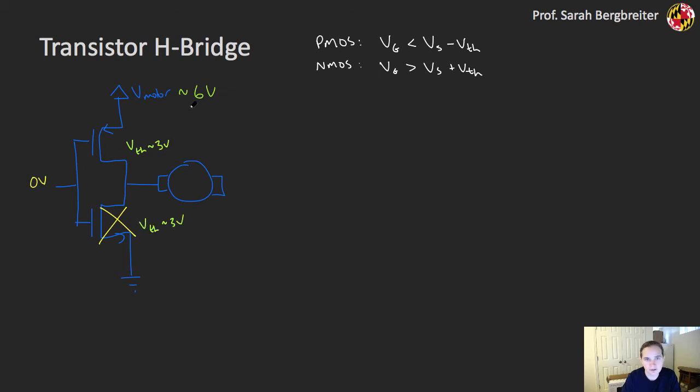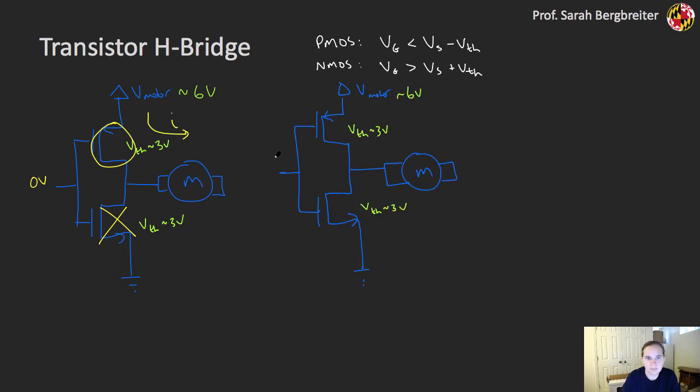For the PMOS transistor, I need my gate voltage to be less than my source, in this case my motor voltage, so 6 volts, minus my threshold voltage, which in this case is 3 volts. So if I'm at 0 volts here, this one is on, and so I can get current at least flowing in this direction through here. Now let's apply a 5 volt signal that you could get out of your Arduino. In this case, my 5 volts at my gate is not going to be less than my 6 volts minus my 3 volts.